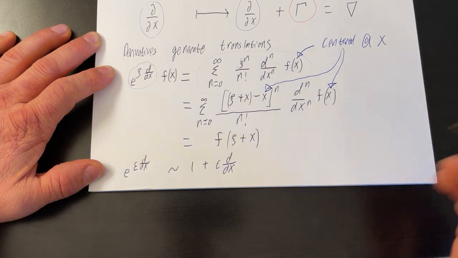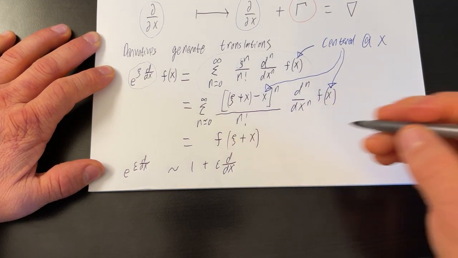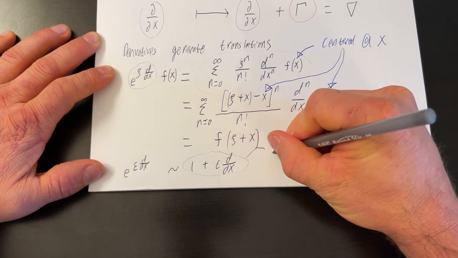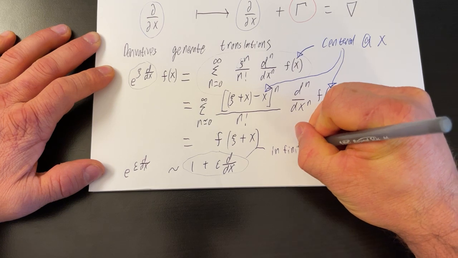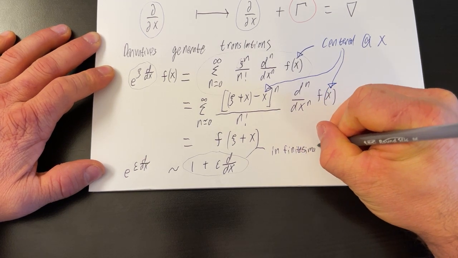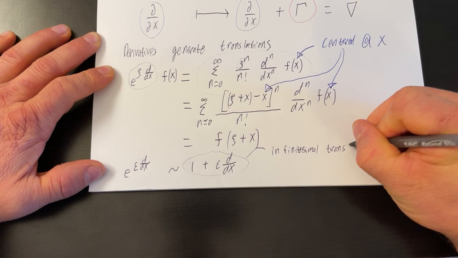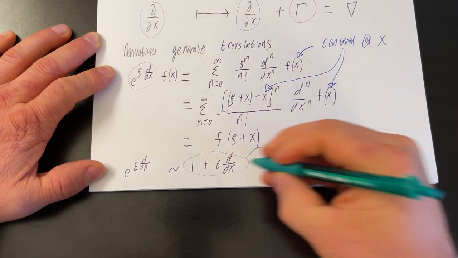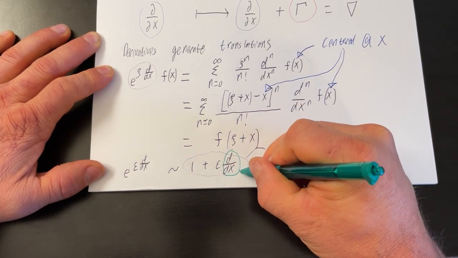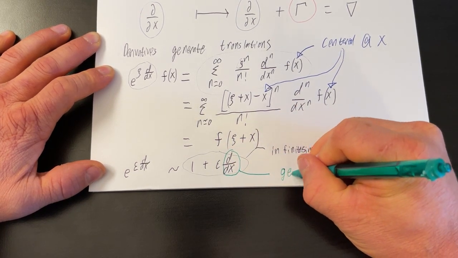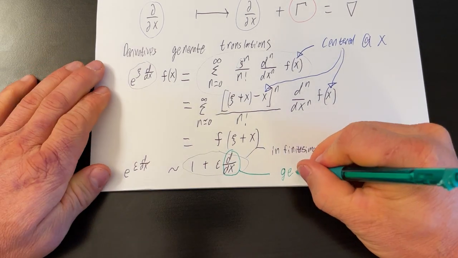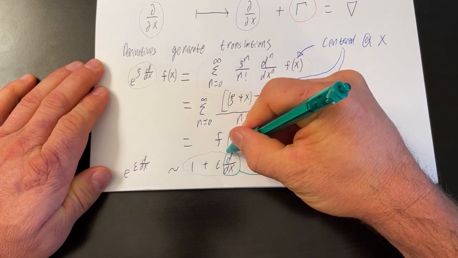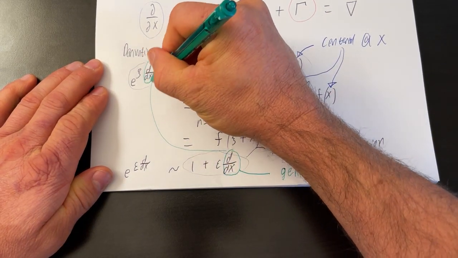And the idea is that the whole thing here is an infinitesimal transformation, but only part of that thing, this thing, is the generator of that infinitesimal transformation. Okay, and that generator is also here.